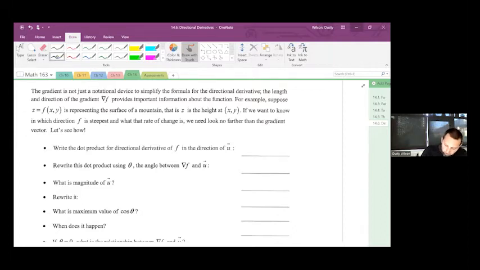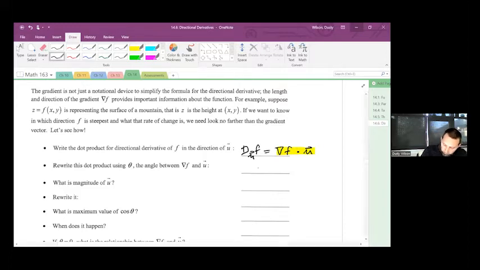So we know that the directional derivative of f in the direction of u can be written as the gradient dotted with the u vector. We could now rewrite this using the angle between the two vectors. Remember, there are two versions of writing the dot product.